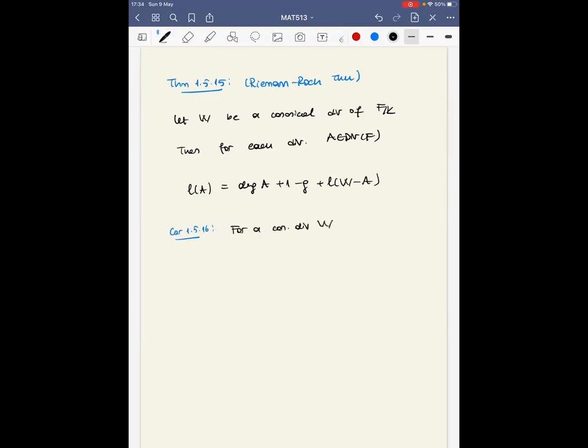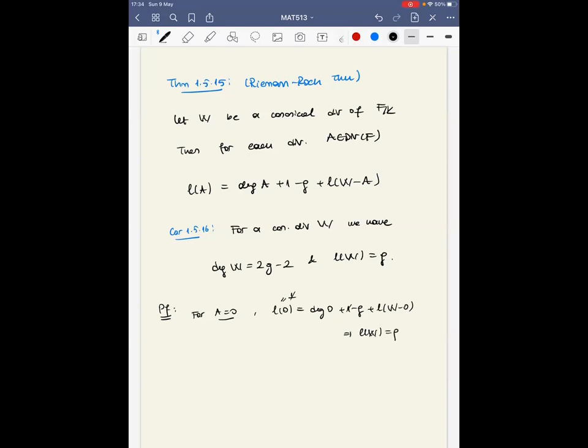For a canonical divisor W, we know that its degree is 2g minus 2 and its dimension is g, because again, in the statement of the Riemann-Roch theorem, if we consider the divisor A, its dimension will be equal to its degree plus 1 minus g, plus the dimension of the canonical divisor.